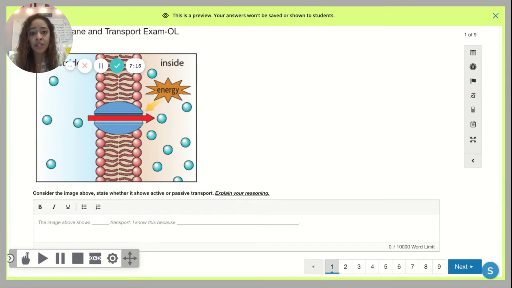What are the two options for the frame? Active or passive. So what makes the second part a sentence stem? It's open-ended, right? So we can kind of see the differences there.